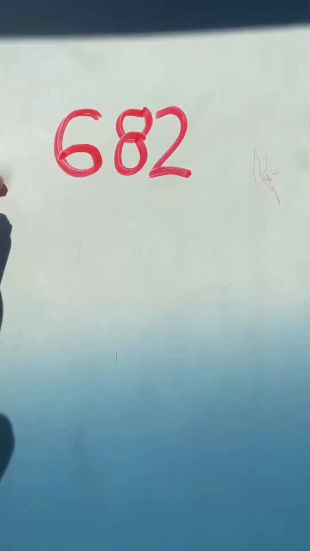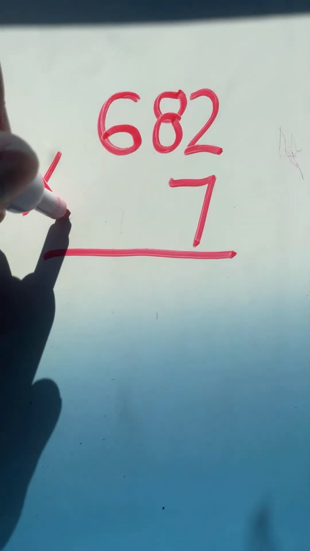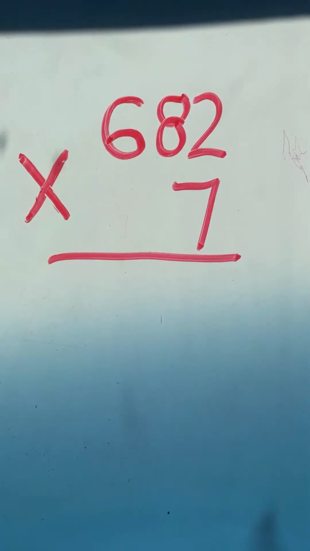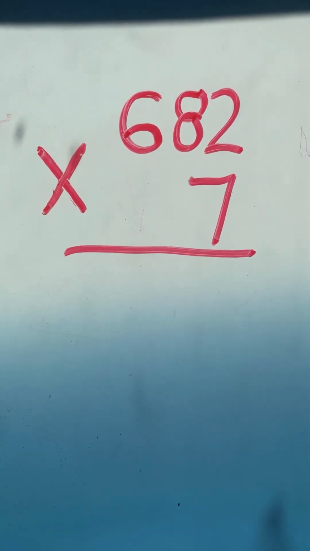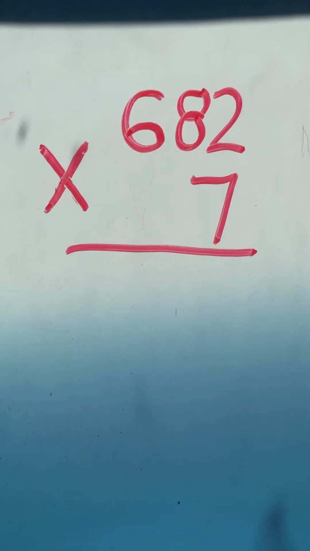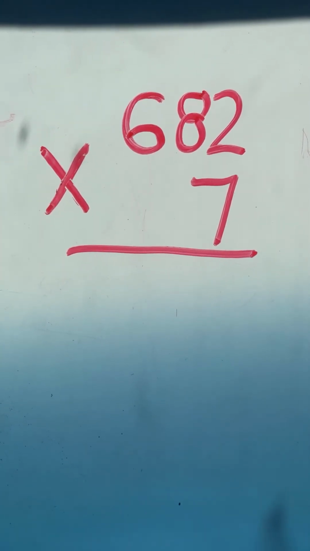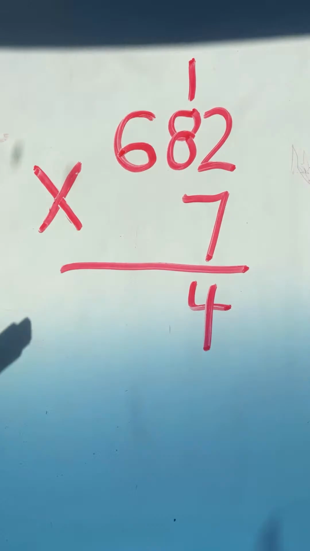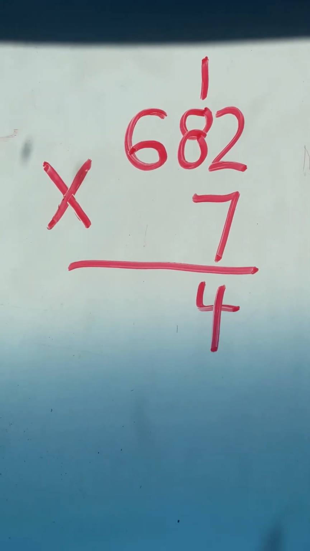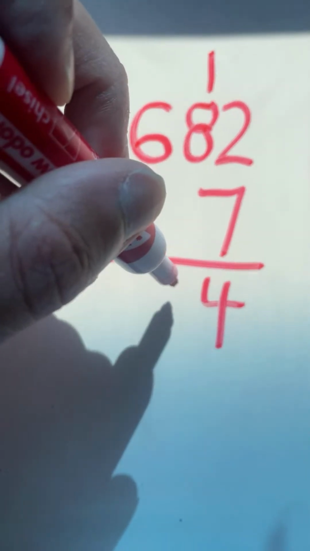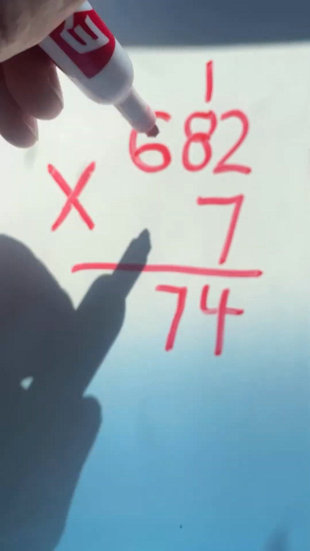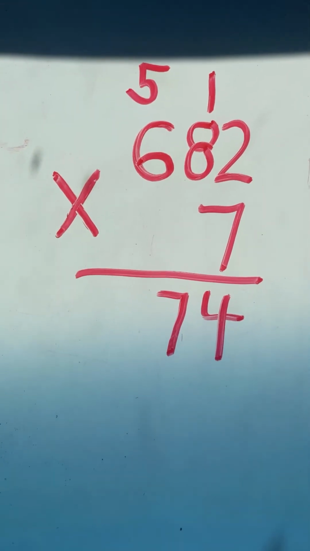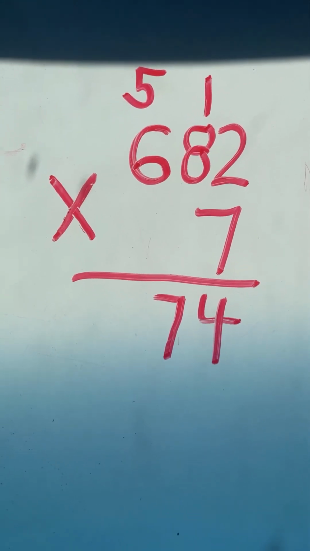Next problem. 682 times 7. 2 times 7 equals 14. 4 carry the 1. 8 times 7 equals 56, plus 1 equals 57. 7 carry the 5. 6 times 7 equals 42.